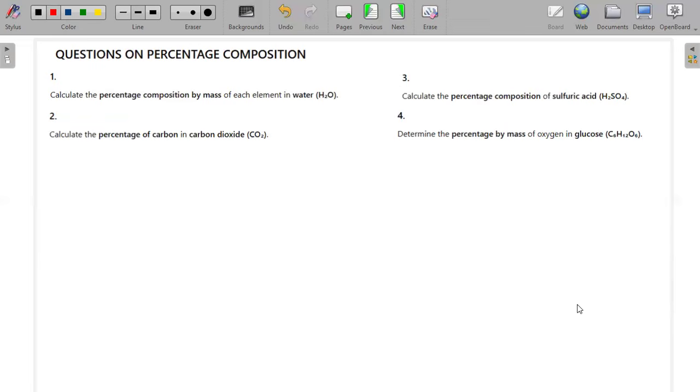So, the first question says calculate the percentage composition by mass of each element in water. In water, there is oxygen and hydrogen. Because we haven't been given any masses, we are going to use the molar mass, meaning the masses we got from the periodic table. The molar mass of hydrogen from the periodic table, rounded off to 2 decimal places, was 1.01 grams per mole.